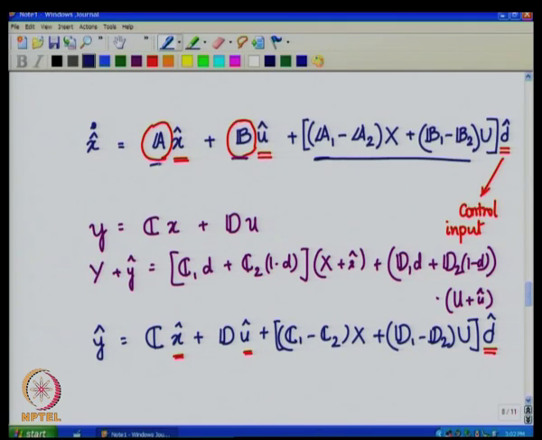Now, this A matrix is nothing but A1 into uppercase D plus A2 into 1 minus uppercase D. Only the steady state portion comes into the picture here.